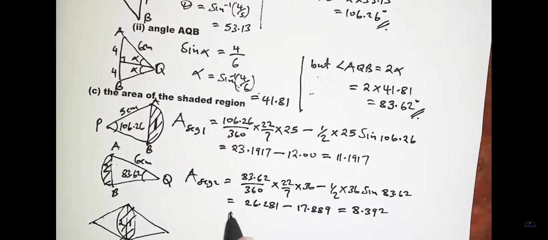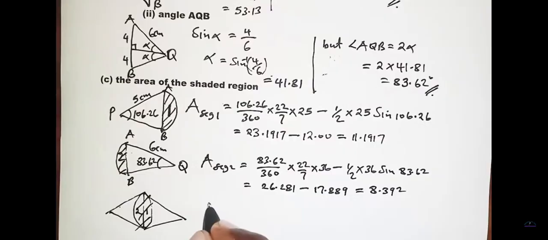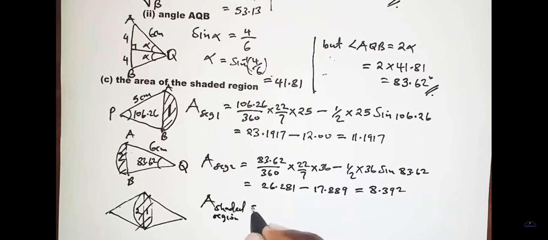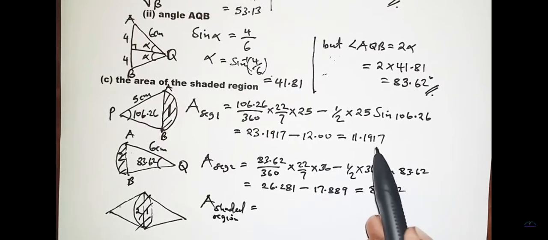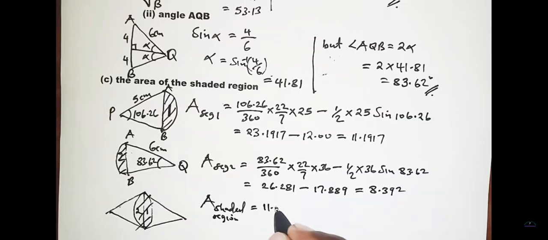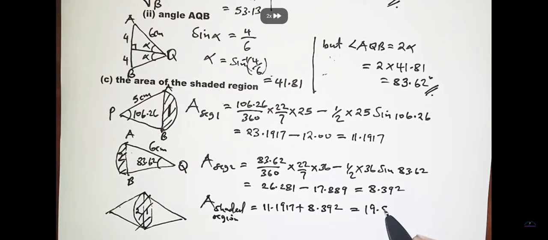So that is obtained by simply having, that is the area of the shaded region, that is going to be area of segment 1 plus area of segment 2, and that is 11.1917 plus 8.392, and that is 19.5837. That is approximately 19.58.